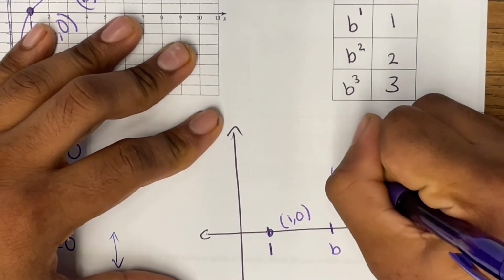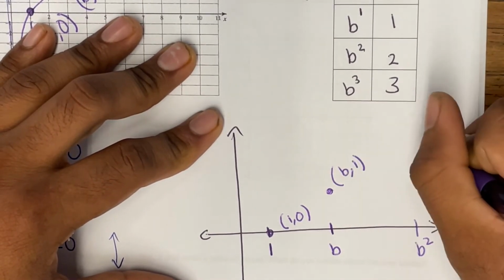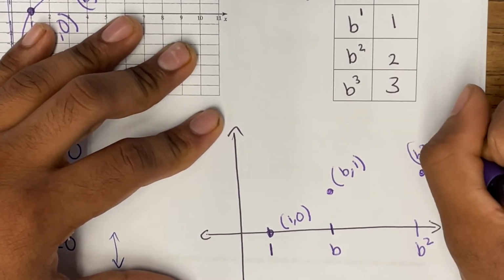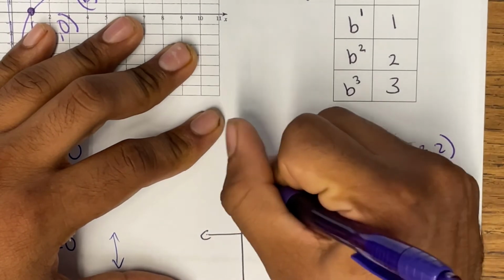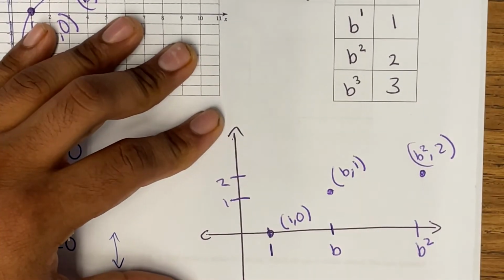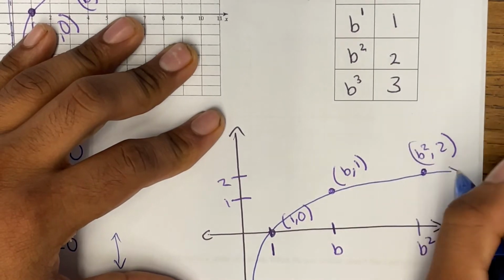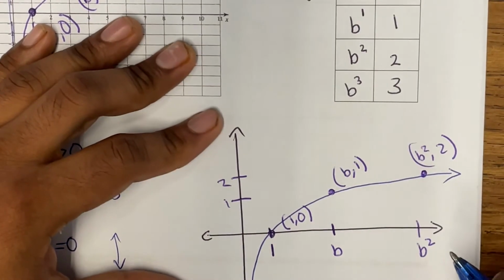So we'll have b, 1, and b squared, 2. Scaling is not great on this, but it's doing okay with an asymptote. All right.